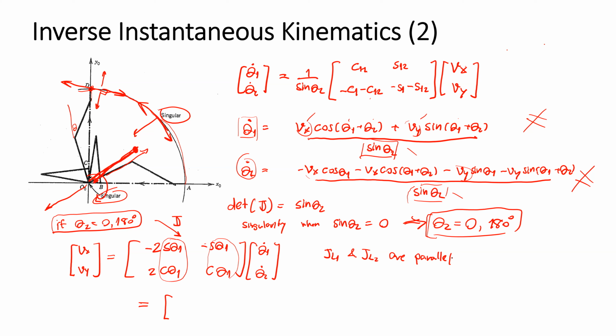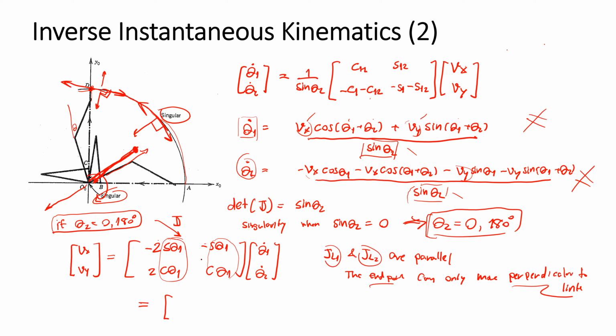And the endpoint can only move perpendicular to the link. The endpoint can only move perpendicular to the link, and the Jacobians are parallel.